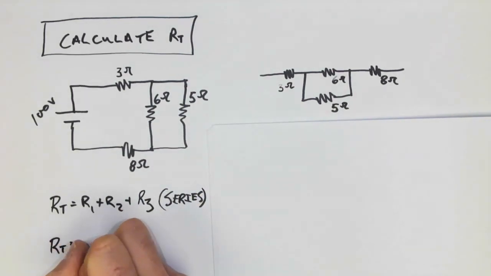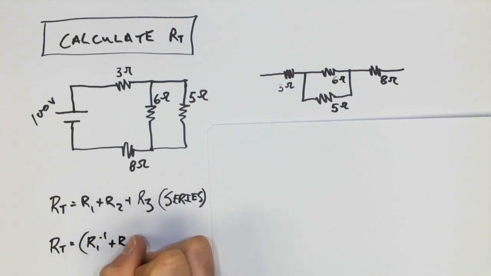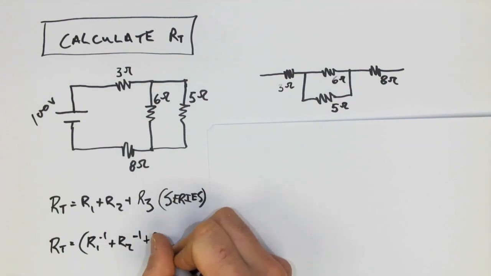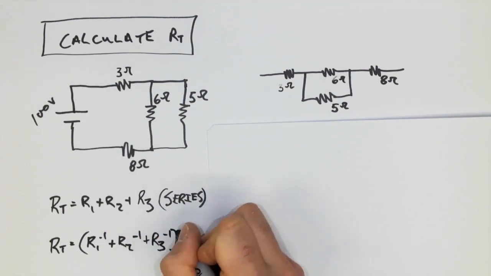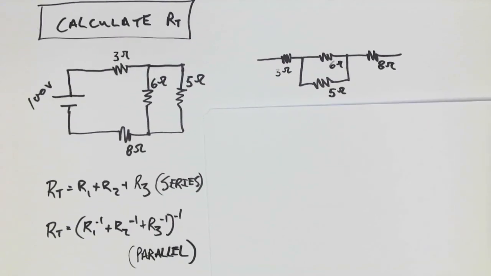R total is equal to bracket R1 to the negative 1 plus R2 to the negative 1 plus R3 to the negative 1 close bracket to the negative 1, and this would be parallel. So we need to keep that in mind as we calculate the total value.